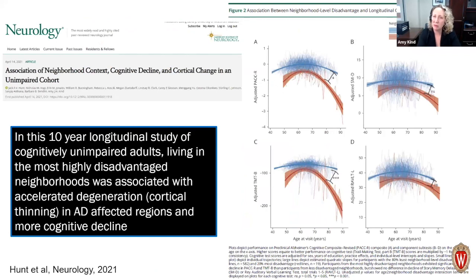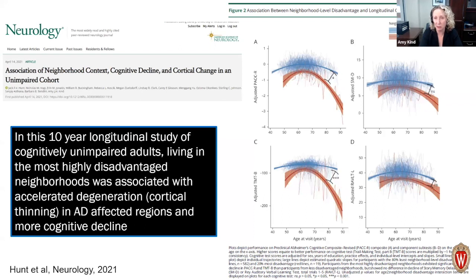So you may say, well, that was just cross-sectional, that could perhaps just be a correlative finding, which of course it is. But we were interested next in looking at longitudinal data and seeing if these findings would be robust enough to stand up. And what we found is that, looking over 10 years of data that was available within this cohort, living in the most highly disadvantaged neighborhoods over those 10 years was associated with accelerated degeneration of the brain.